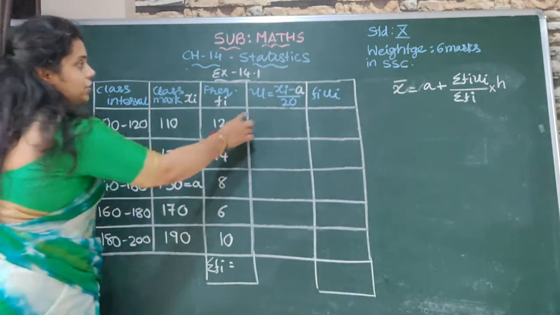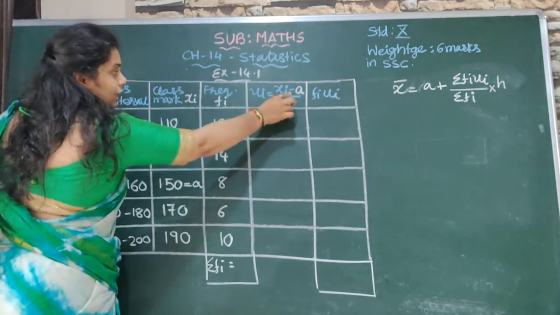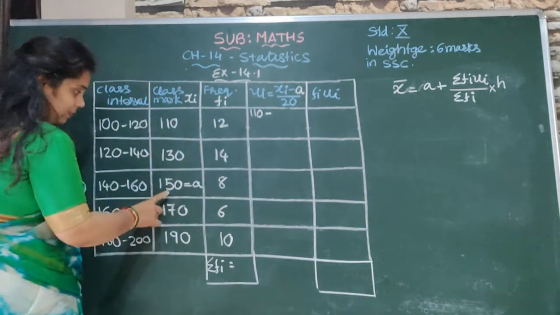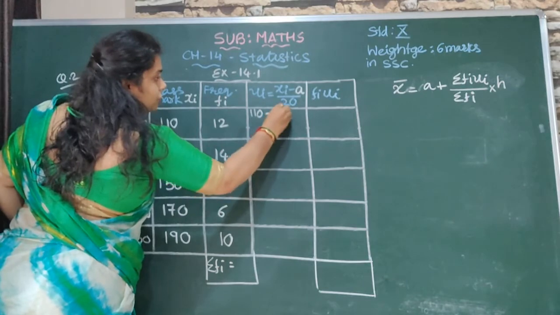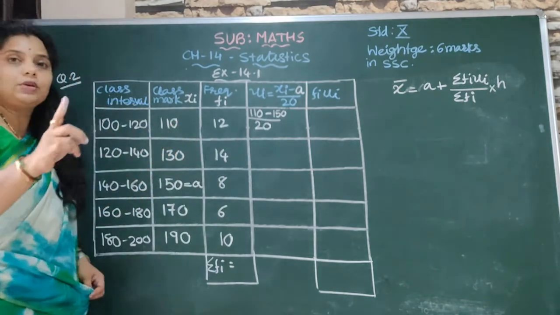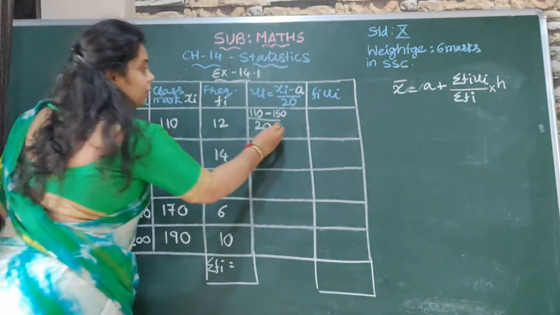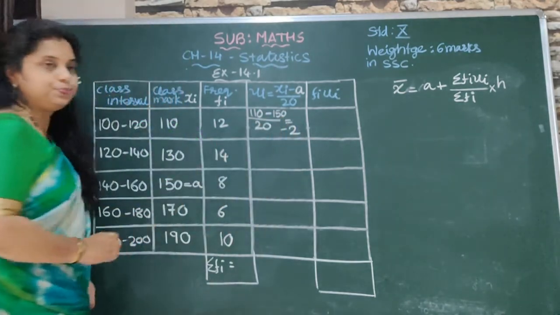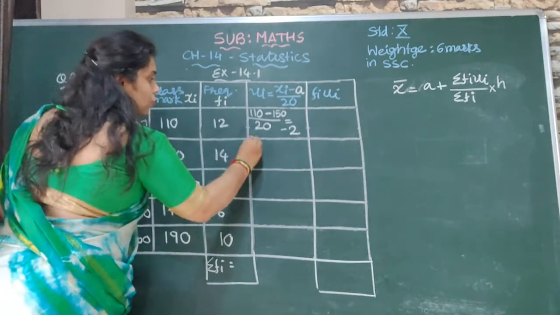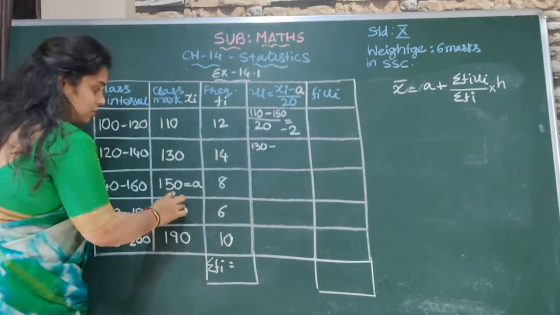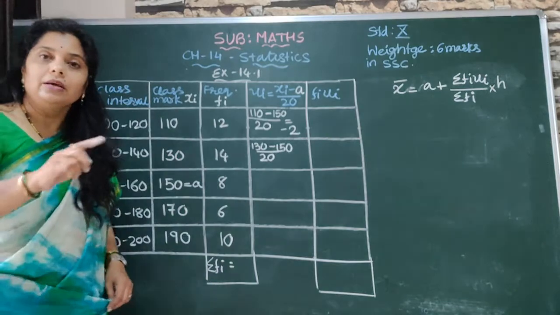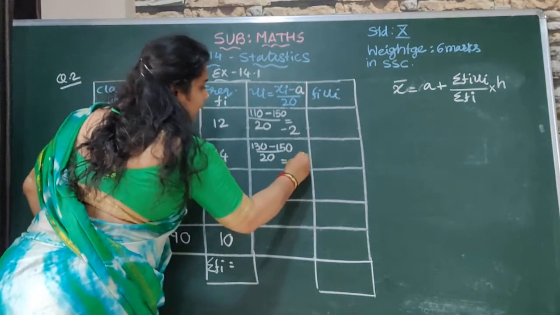Now for the calculation, xi minus a. Here xi is 110, so it is (110 minus 150) by 20. 110 minus 150 is minus 40, and minus 40 by 20 is minus 2. Are you getting it? Next, 130 minus 150 by 20: minus 20 divided by 20 is minus 1.